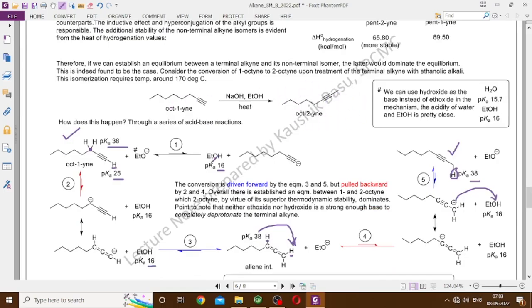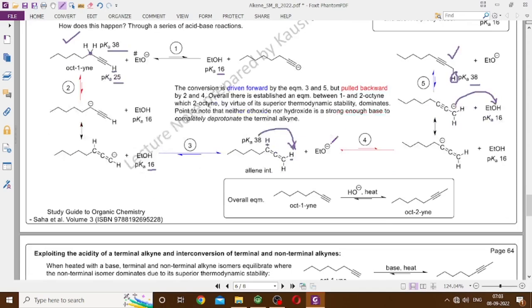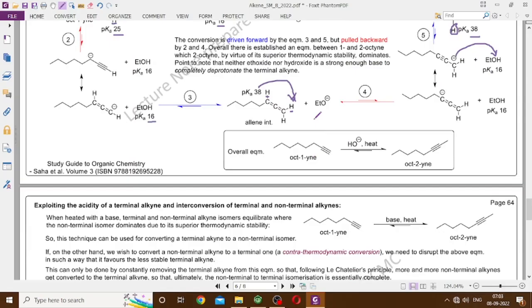So that way, using a base which never actually deprotonates either the terminal alkyne or the internal alkyne completely, because if it does so, then things will become even more interesting. So this way you can establish an equilibrium between the terminal and the internal alkyne, where the internal alkyne is dominating.